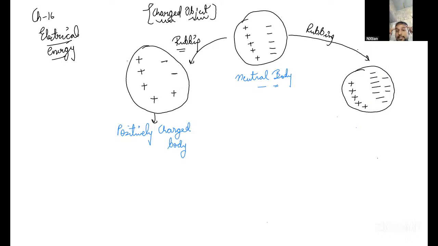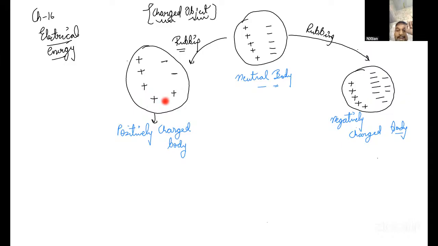The electrons are transferred into the balloon. Now there are more electrons, so it is called a negatively charged body. Don't write it yet, I will give you time to write.